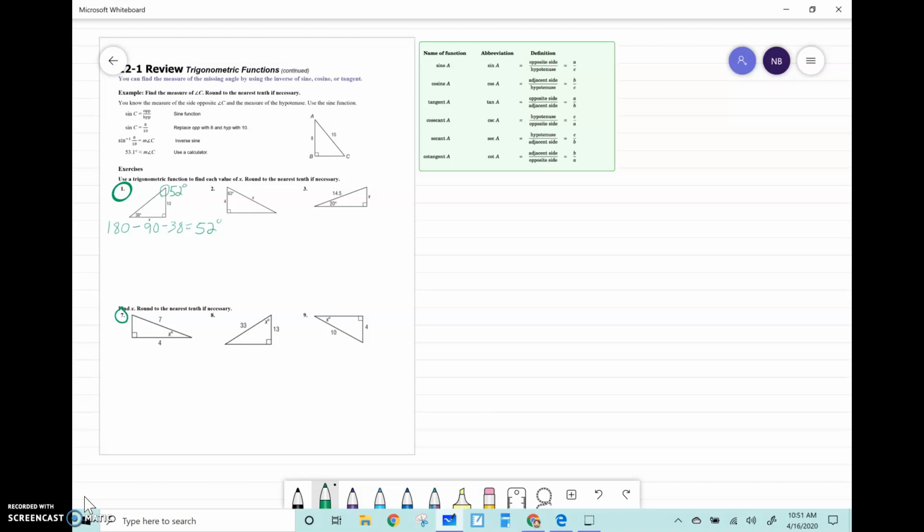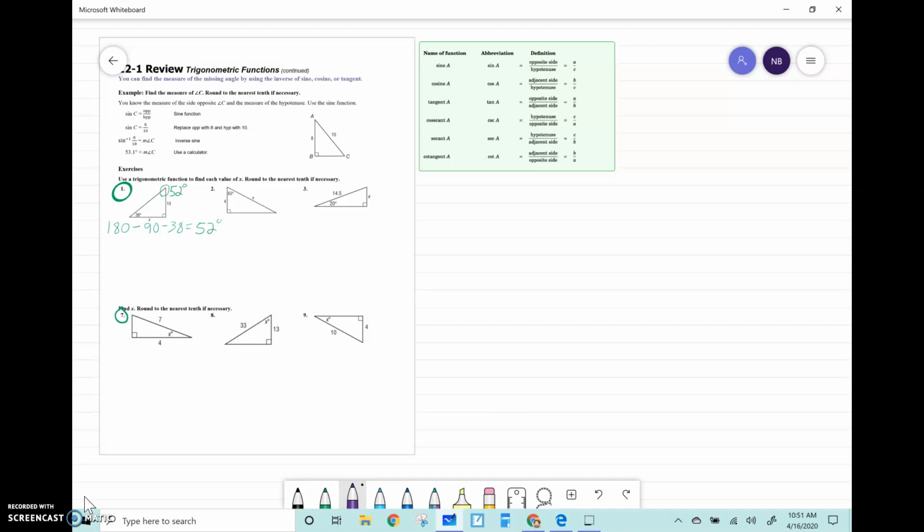And that'll make it easier for us to figure out if we're going to use sine, cosine, or tangent. So with that being said, what they want us to do is find this side right here where x is. The reason we're using sine, cosine, and tangent is because if we use the Pythagorean theorem, it'd be a challenge because we don't know what the hypotenuse is.